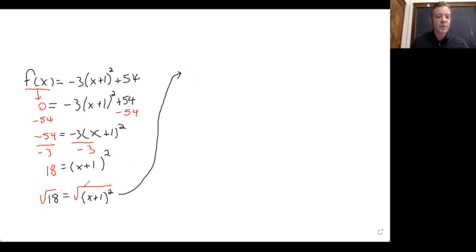But just like before, on the right-hand side, the power of 2 is going to cancel out with the square root. These are going to go away. So on the right-hand side, we will have x plus 1.